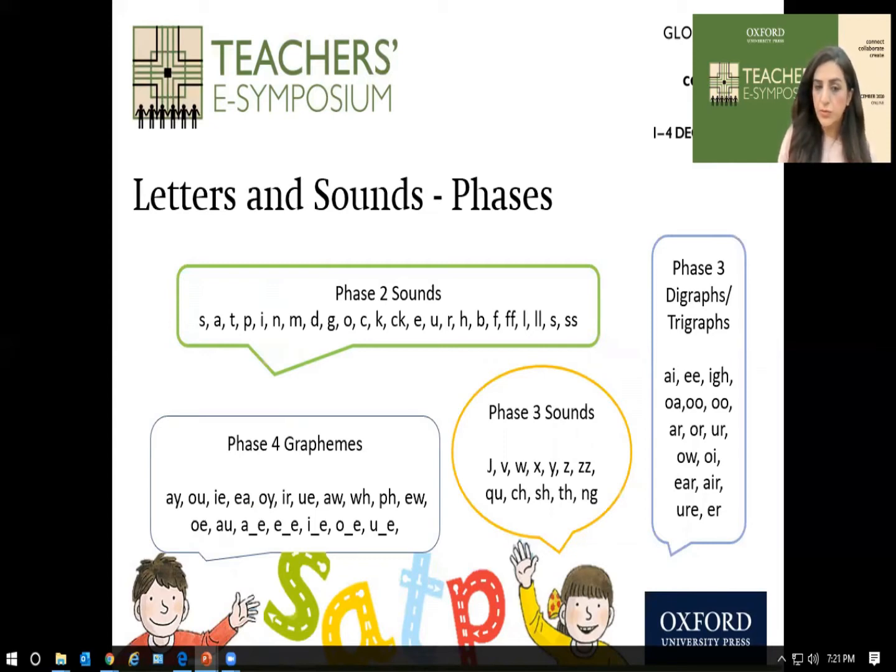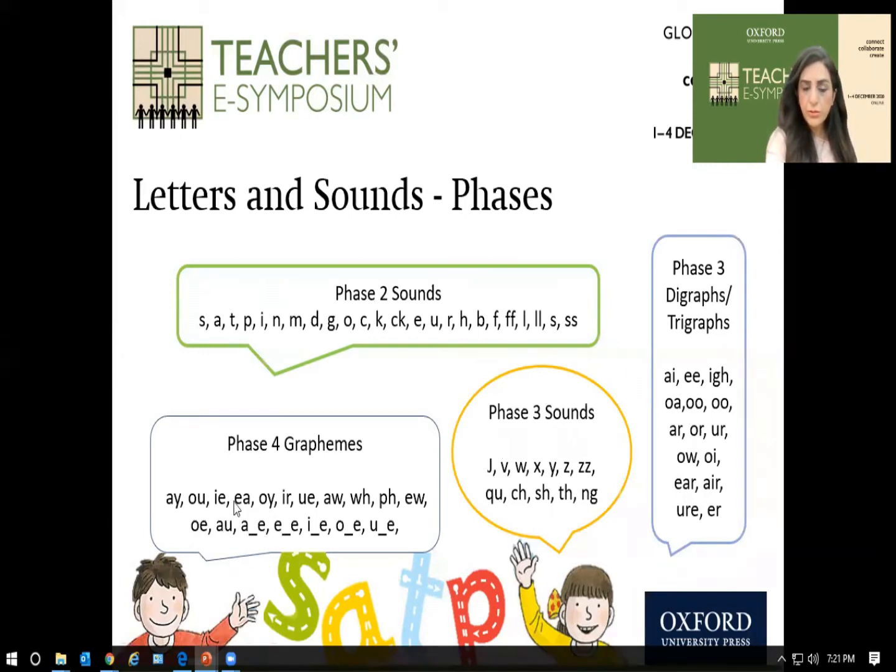And then when students move on to phase 4, this is essentially in grade 1, and you can see that students are now moving on to alternate spellings. So they already know the A sound, and now they're learning that the A sound can also be represented by AY. Or the E sound, as you can see over here, if you follow the pointer.